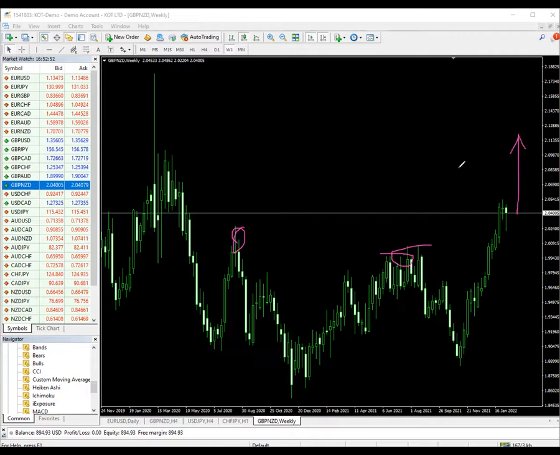So they are aware. But mind you, these banks, they make their money from we the retail traders. That is how they make their money. So once you set a stop loss and they hit your stop loss, they are making the profit from your losses. Once you are losing, the banks are making the profit.